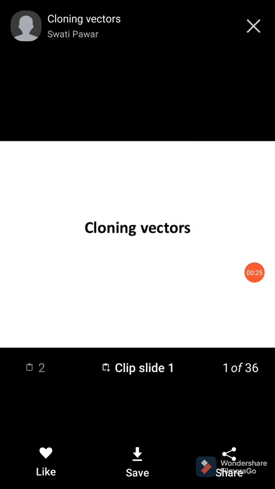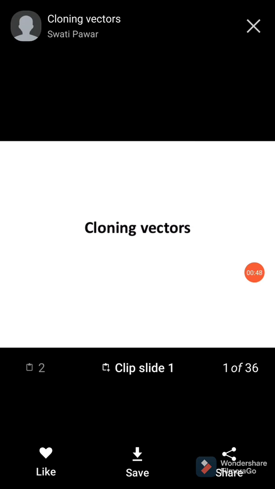I'll give an introduction and a brief discussion on these vectors, and also on the Ti plasmid and lambda phage, which are mentioned in your syllabus, so we have to study them in detail.